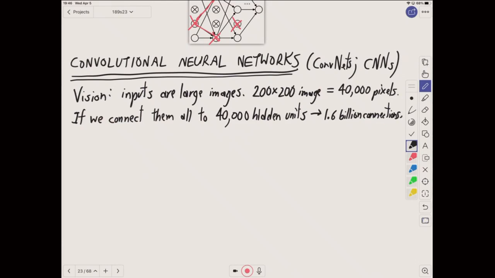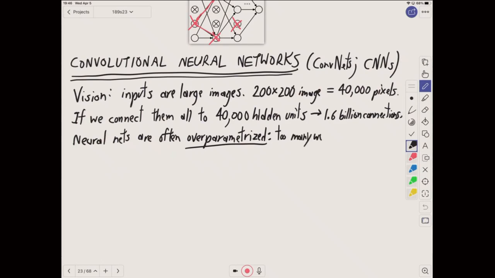So as a general rule, and especially when we have large inputs like big images, neural nets are often over-parameterized, meaning they just have too many weights and not enough data to train those weights properly.